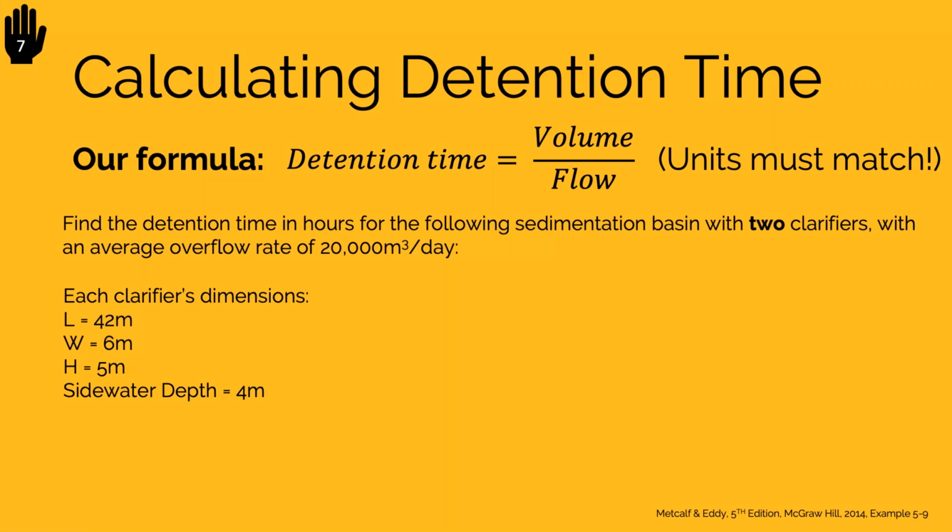So each of the 2 clarifiers has a length of 42, a width of 6, and a height of 5 meters, but the side water depth is 4 meters. So you're going to need to find the volume of this, and then figure out the detention time in hours.